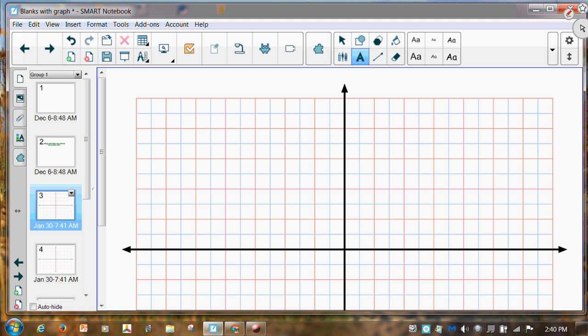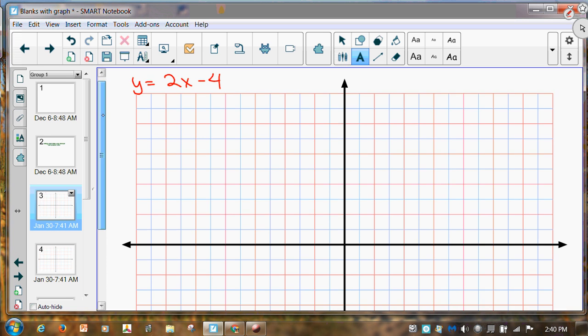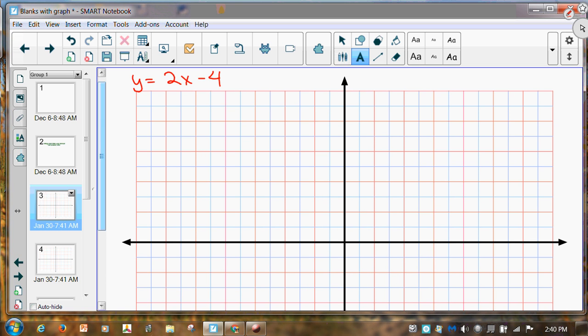So let's take an equation like y equals 2x minus 4. And we're going to plot that equation. Now, the first thing is, remember that this is the slope-intercept form. So we have our slope value right here at 2, right? And we have our y-intercept.